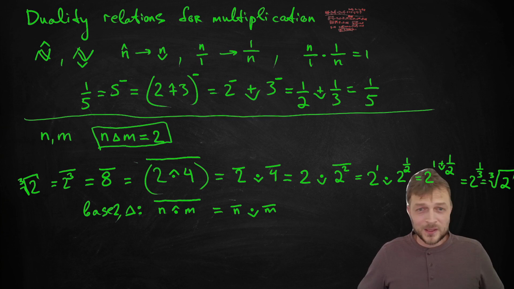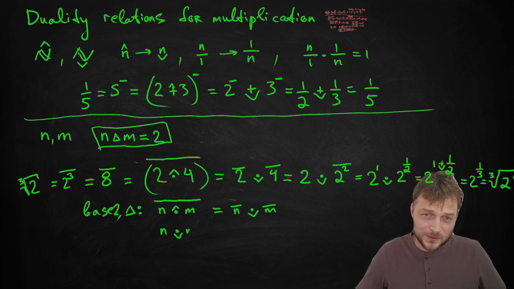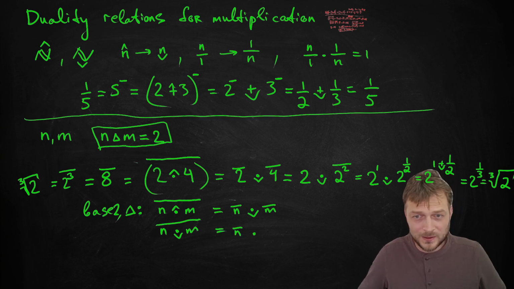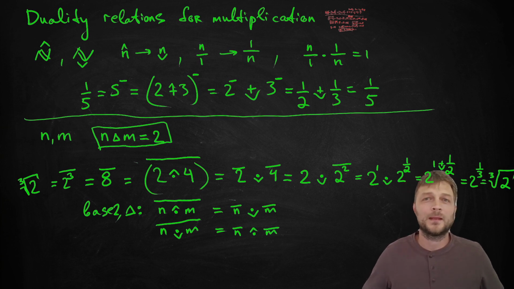Okay, same way we can check that the other way around also works. So if we have an operation like this, we will get that it's the same as this one. Okay, let's move on.